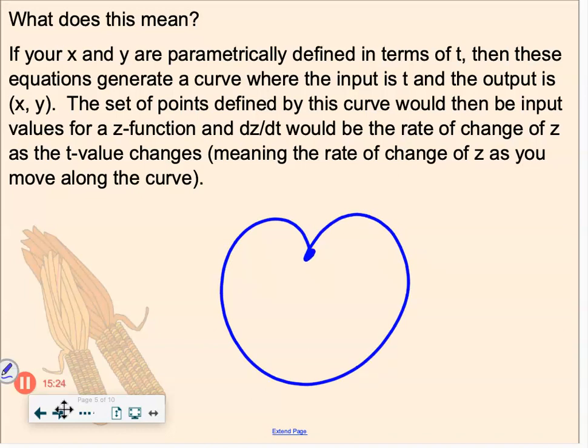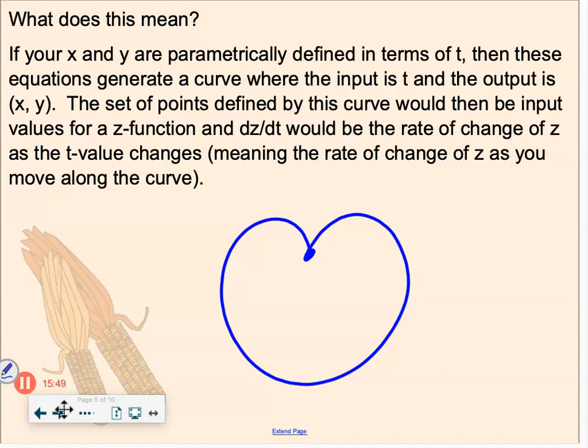Okay, so we have some parametrically defined curve, and the input for our z would only be the points along this curve. And then if we're finding dz/dt, what we're really doing is finding the rate of change of z as we move along the curve.